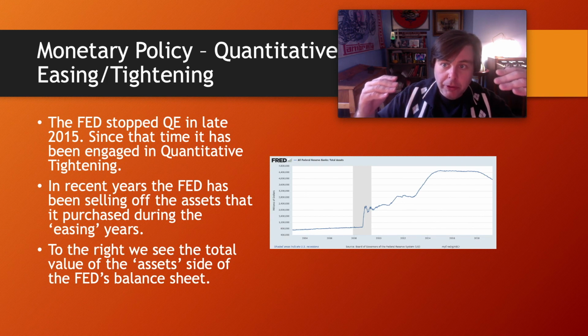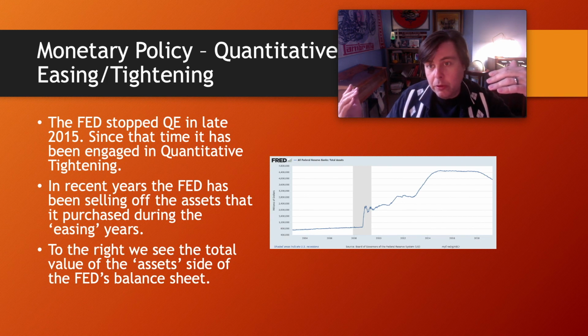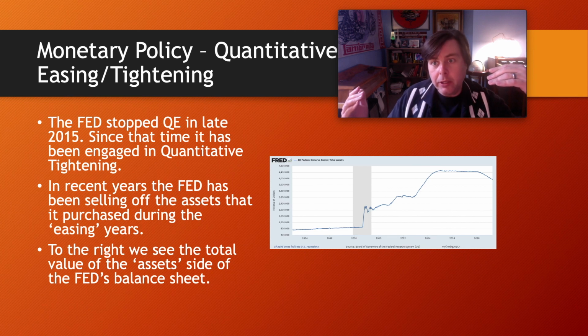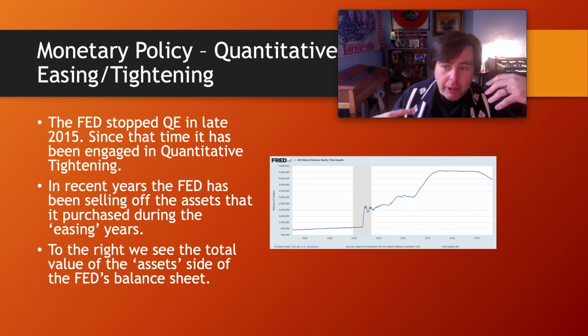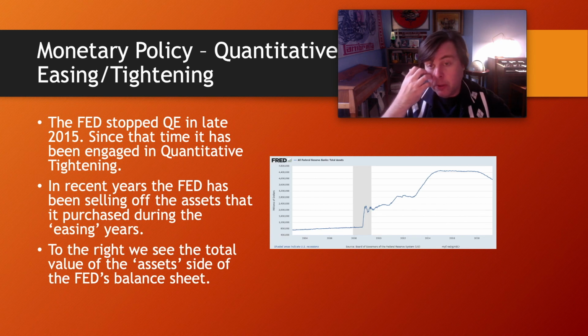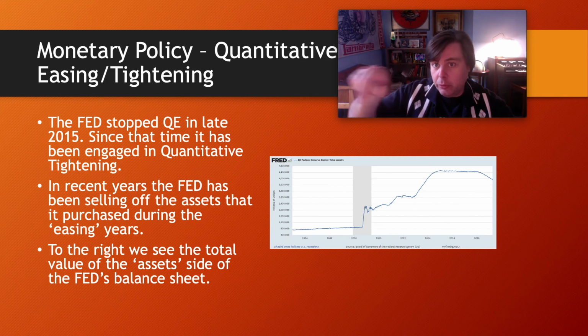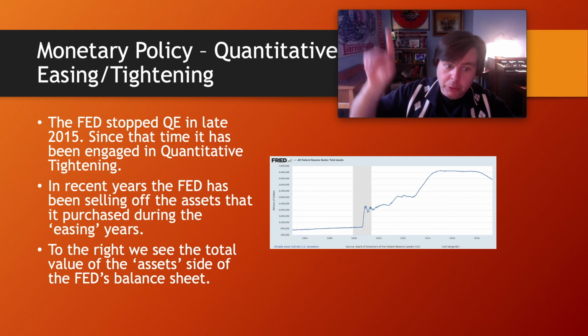So during this period from 2015 through the beginning of 2020, the Fed was generally removing liquidity from the financial system. Prior to 2015, the Fed was dumping liquidity into the financial system. And since January 2020, the Fed has again been dumping liquidity into the financial system. So if we were to see that graph for 2020, it'd be shooting back up, and actually quite quickly.